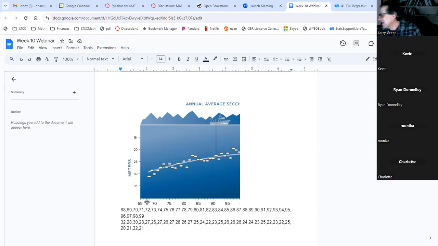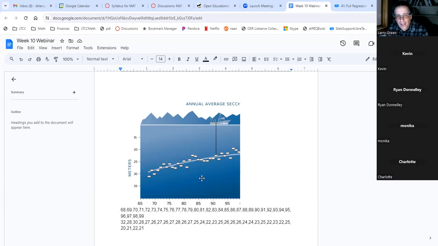So you could not even talk about it really, or you shouldn't. If x equals 0 is not anywhere in the vicinity of any of the data values, then the y-intercept isn't very useful.